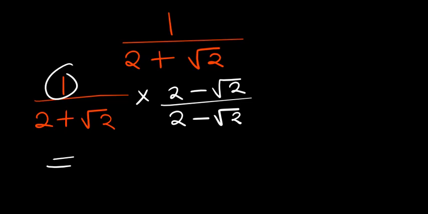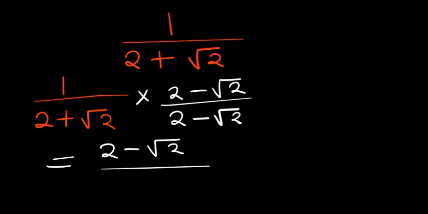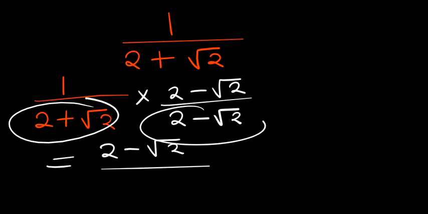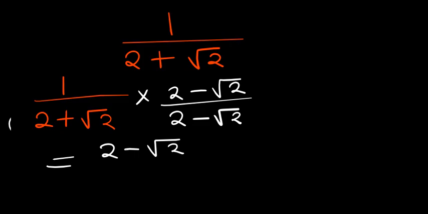When the 1 multiplies with what we have on top, I'm just going to have 2 minus root 2. When I come down, this multiplied by that. Now they are the same, but they have different signs. So you're able to see that this is a difference of 2 squares. Okay. However, we're going to multiply them to see if we're going to get the same answer. So when the 2 multiplies with the 2, I'm going to have a 4.